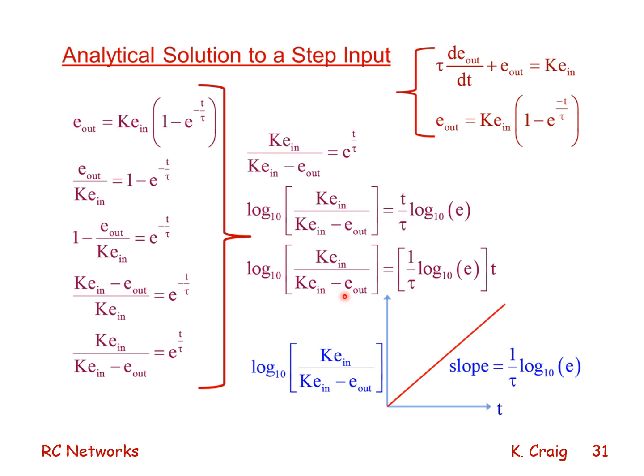And I plot the log to the base 10 of this quantity, where E out is what is varying. I then see that I have a straight line. This is simply y equals mx. This is y, x is time, and this is the slope, 1 over tau log to the base 10 of e.